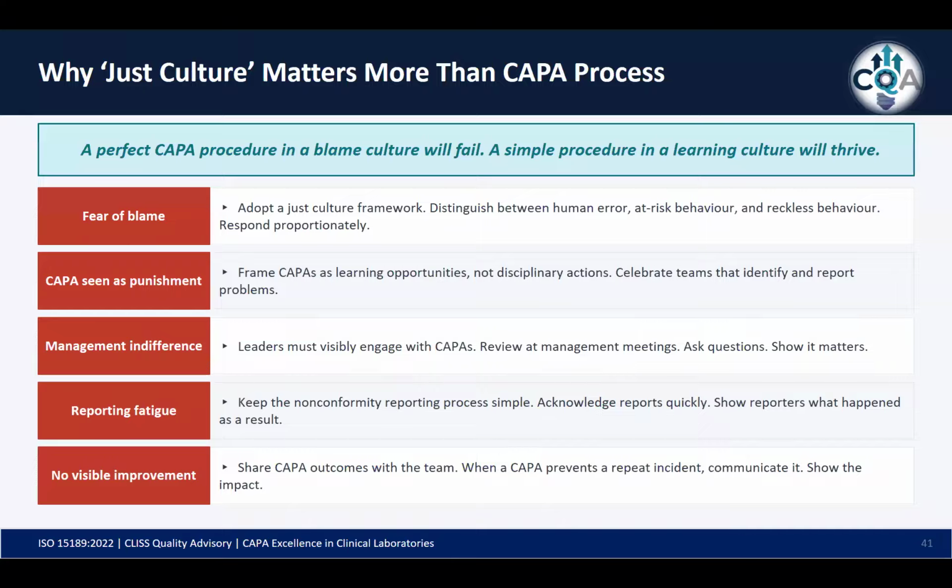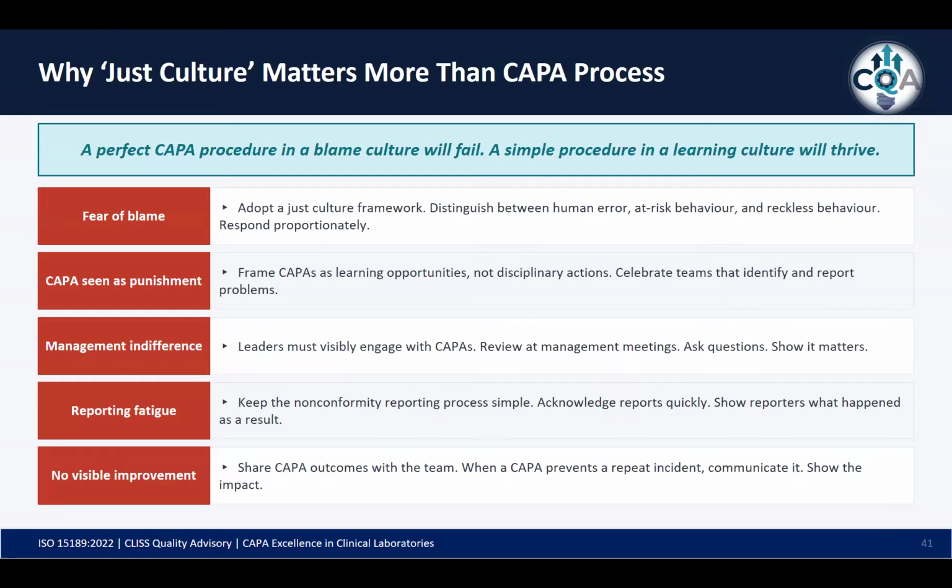Okay? So number one culprit when it comes to failures is fear of blame. This is the reason why when you go to most labs, you'll not even find non-conformities. You go to the non-conformity file, you check, you'll see mainly non-conformities that were raised during an internal audit or an external audit, or if you are lucky, a PT failure.